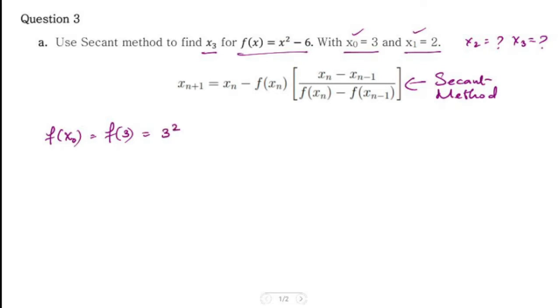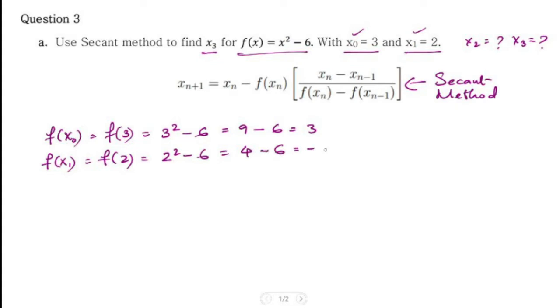We have 3 squared minus 6, which is 9 minus 6, equal to 3. Now we find f of x1, and x1 for us is 2. So f of 2 would be 2 squared minus 6, 2 squared is 4, minus 6, which is equal to minus 2.